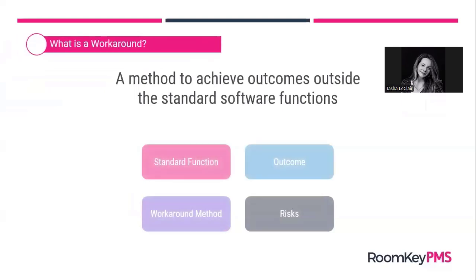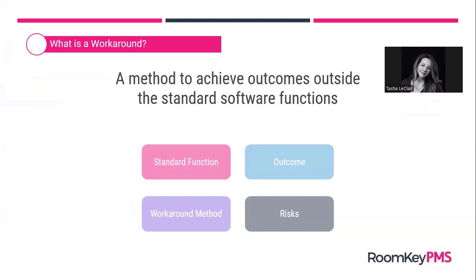So getting started with our webinar, with defining what a workaround is for our webinar presentation, we define it as a method to achieve outcomes outside the standard software functions inside RoomKey. Now, that means that we have some standard functions that come available out of the box with RoomKey software.